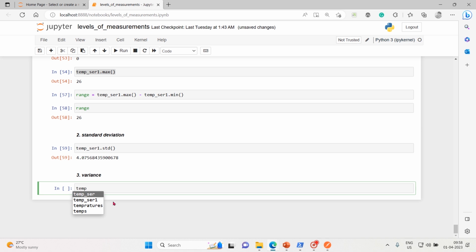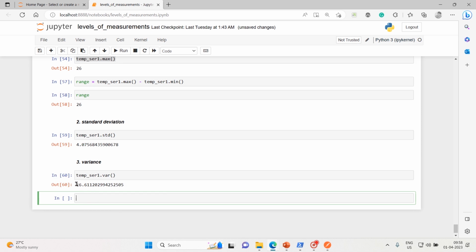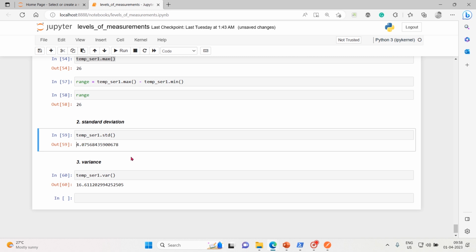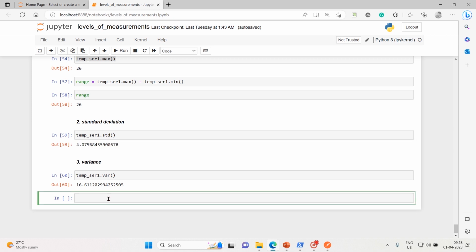So let me take the same one, and then I'll use the var method, and this is what the variance is. Standard deviation is the root of variance, so variance is the square of the standard deviation. That's the reason this is 4.0756, and the other one is 16.616.